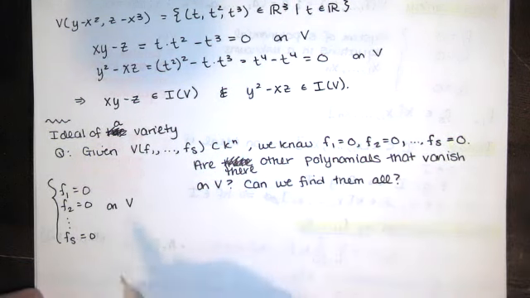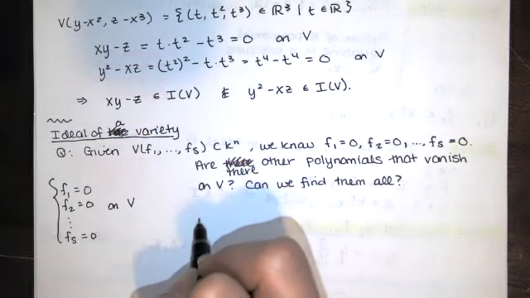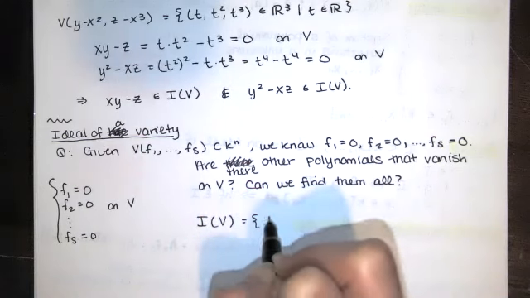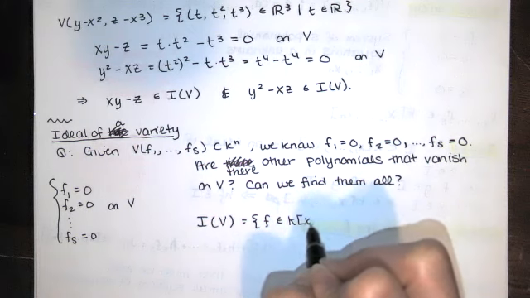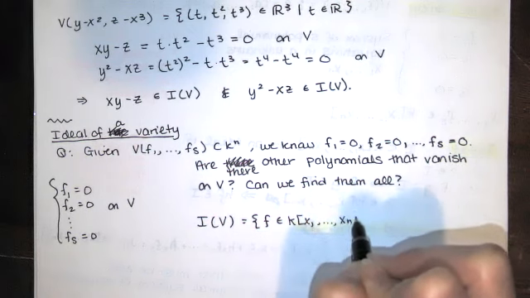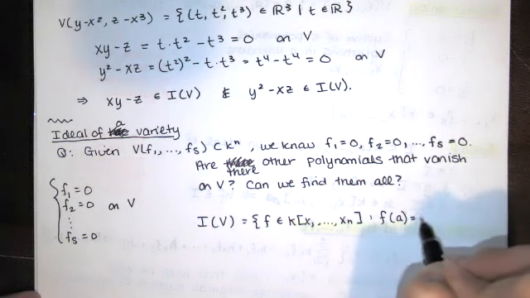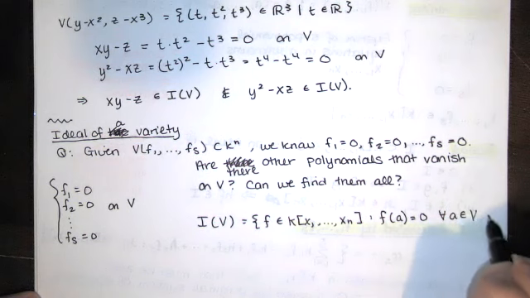With that question in mind, when we talk about the ideal of a variety, what we're talking about is this: the set of all polynomial functions in our polynomial ring such that those polynomials are equal to 0, or vanish, at all points in the variety.